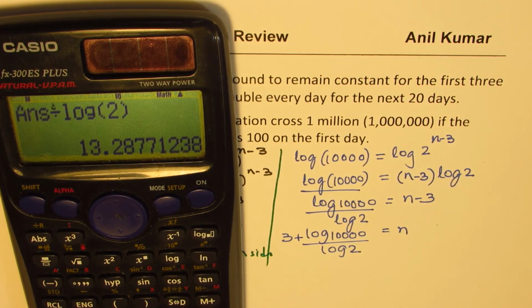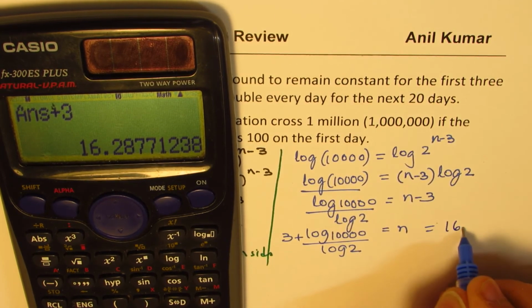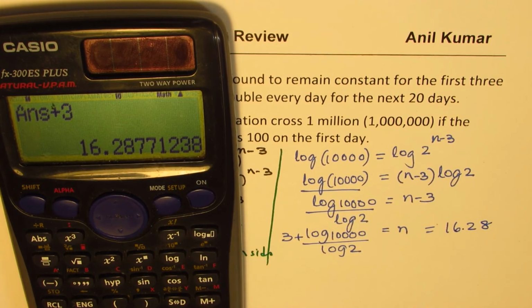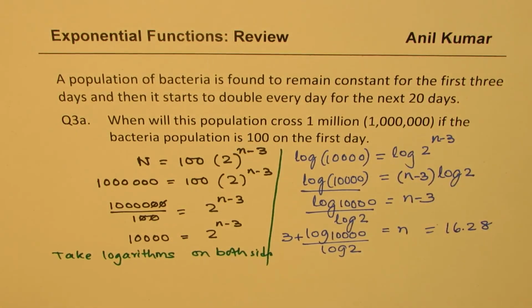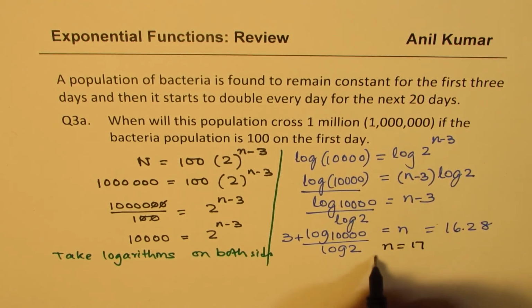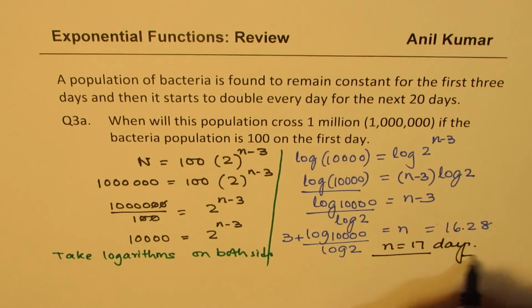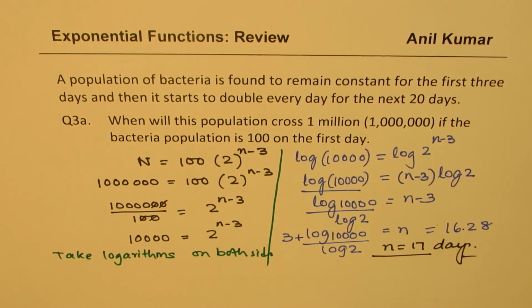And whatever you get, add 3 to it, and it gives us 16.28. So n is more than 16, so we'll say n equals 17. So on the 17th day, it is going to be more than 1 million. So that is how you get your answer.